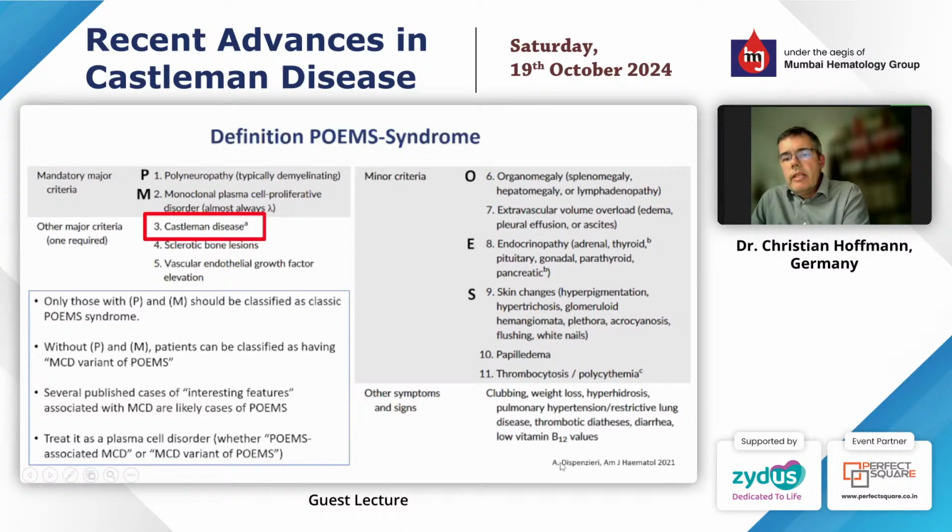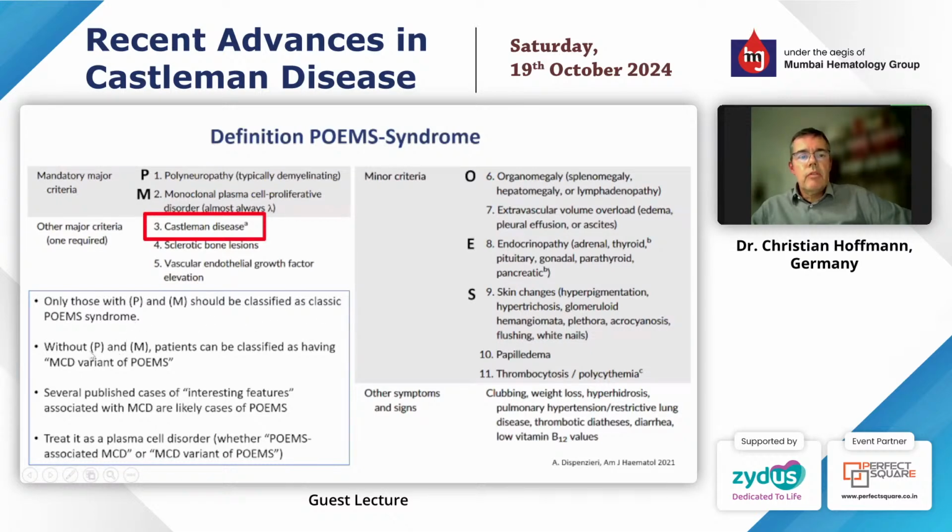And Angela Dispenzieri, I think she's the queen of POEMS syndrome. Every 2 years she writes a fantastic review on POEMS syndrome. And she considers only cases with P and with M as classic POEMS syndrome.